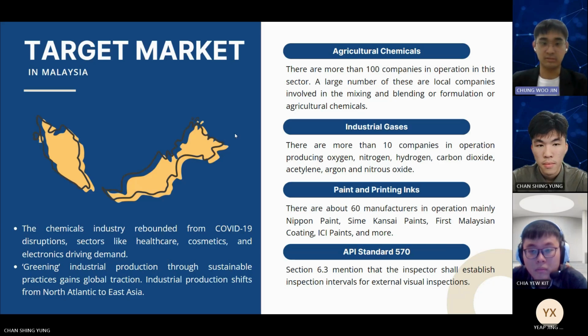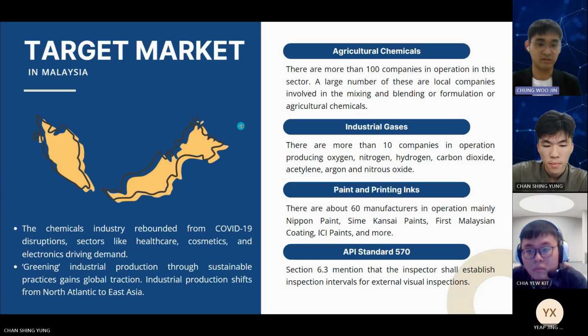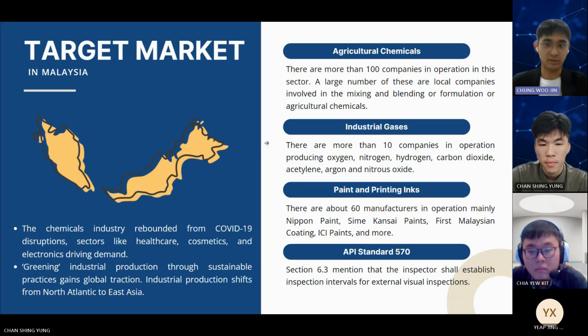The targeted market in Malaysia is the chemical industry, since it is rebounding after COVID-19, because the demand for healthcare, cosmetic and electronics is driving it, and also the global leading countries are more focused on environmental sustainability. So they are now moving their industrial production from North Atlantic to East Asia.